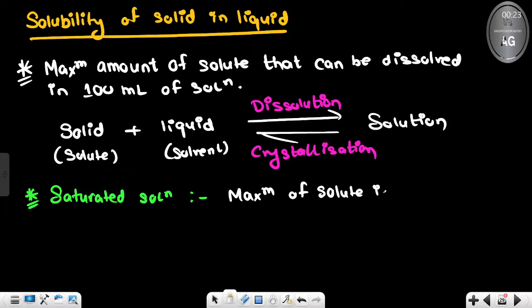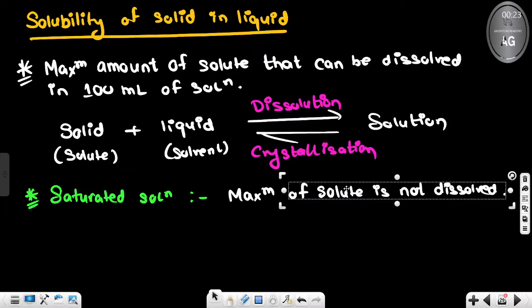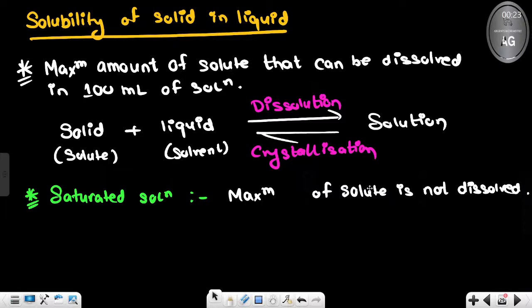If maximum of solute is not dissolved, that means at a given temperature you can dissolve more solute. It's basically the maximum amount of solute at a given temperature.